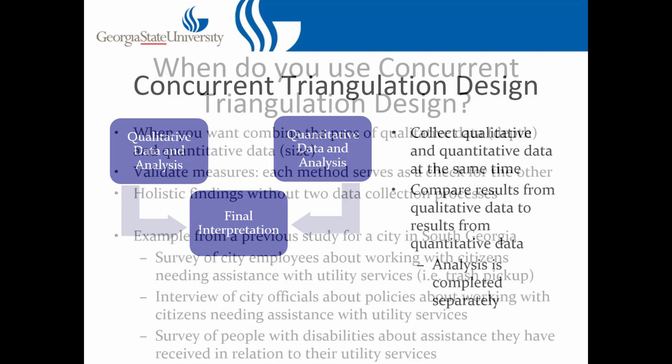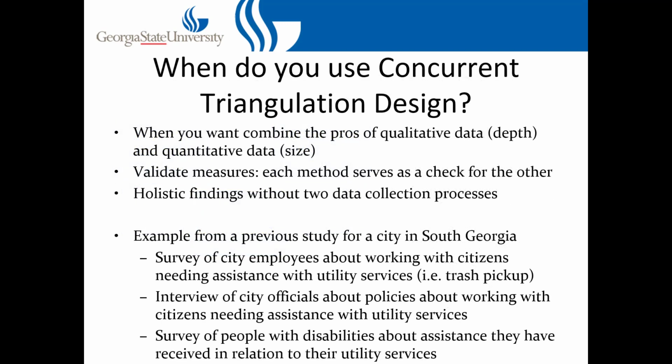So when would you use a concurrent triangulation design? When you want to combine the pros of the qualitative data and quantitative data without 2 data collection periods. This is also a really great way to validate measures because each method serves as a check for the other.